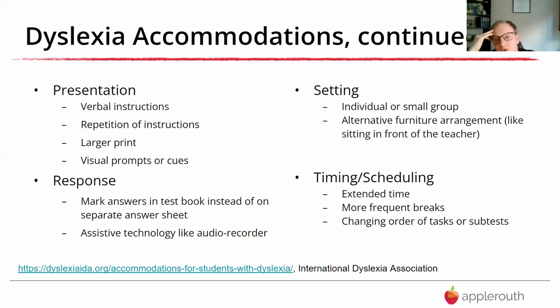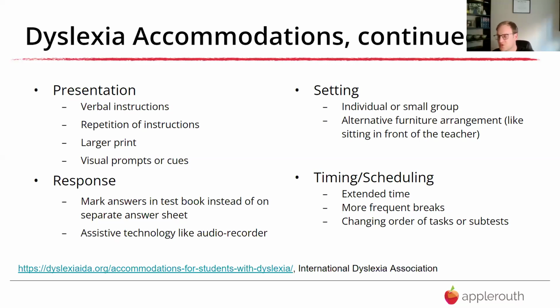And then the setting in which we're learning. Maybe you have an accommodation to be in an individual learning environment or a small group. And again, like I said, maybe going up to the front of the class and always having a seat at the front. I think that all of these are really designed the right way. But again, what I've seen working in the public school system is, and I'm very conscientious, but even for me, it was hard to keep track of all the people who had LDs and what their different accommodations were.